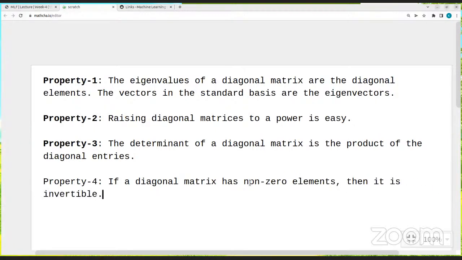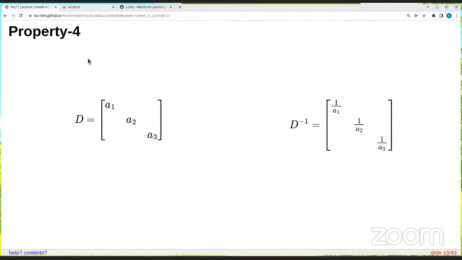That is what we have seen, and the inverse is just the reciprocal of the diagonal elements. So these are four properties, and the claim I'm making is that these are very good properties for a matrix to have, or as good as it gets for a matrix.